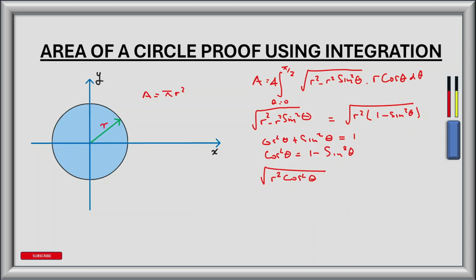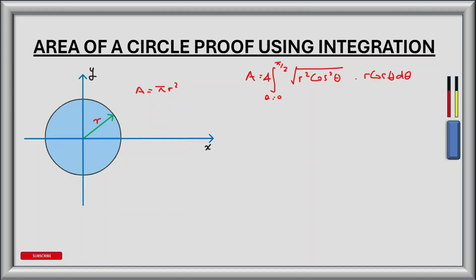So now our area looks like this. Area is equal to 4 times the integral of theta equals 0 to theta equals pi by 2, the square root of r squared cos squared theta multiplied by r cos theta d theta.